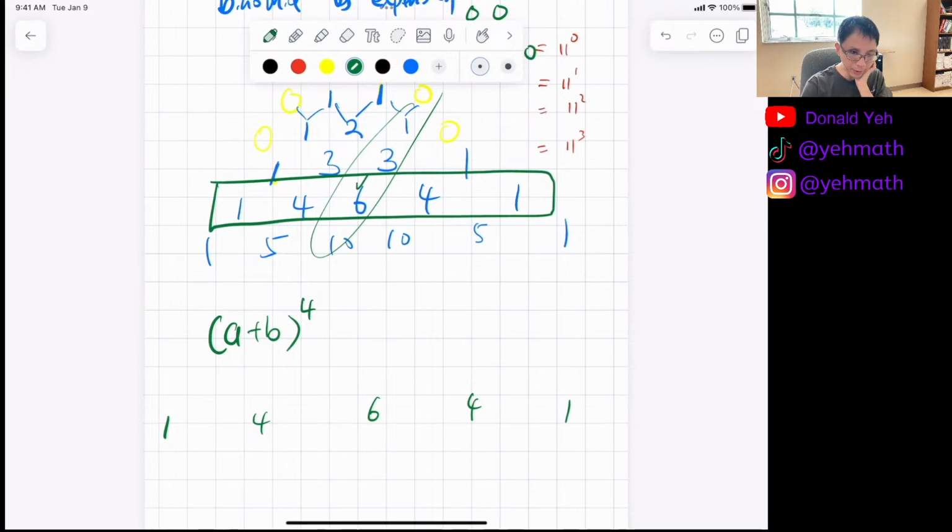And what you're going to do is a to the 4th power, b to the 0. Just like you can imagine you have 4 kids, and 4 of them are all boys and 0 girls. What's the next possibility? A to the what? Do you only have 4 kids? 3 and 1. Good. You have 3 boys and 1 girl.